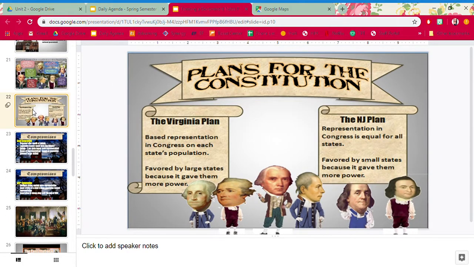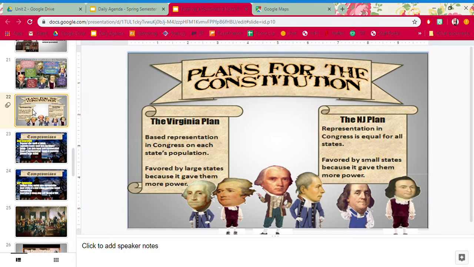So here are the two different plans that are proposed at the Constitutional Convention. The Virginia Plan is proposed by Edmund Randolph, and he said we needed a new constitution that would give sovereignty, or supreme power, to the central government, and that we should then have two different houses within the government, and one is based off of the state's population, and that's how we should do this.